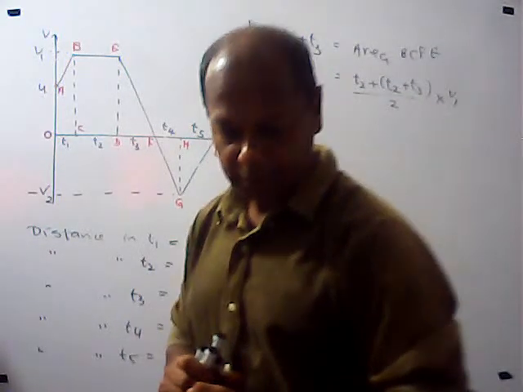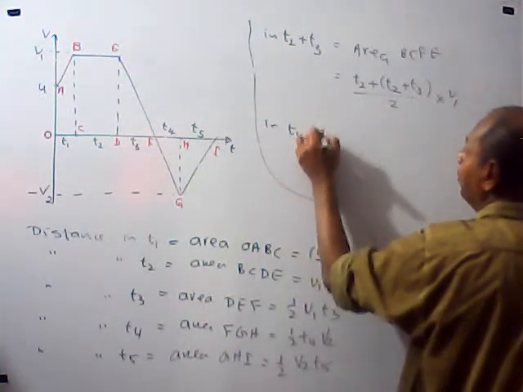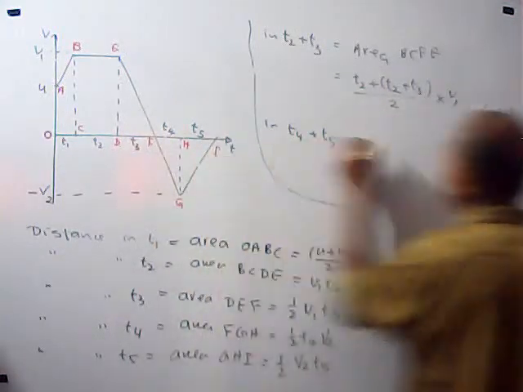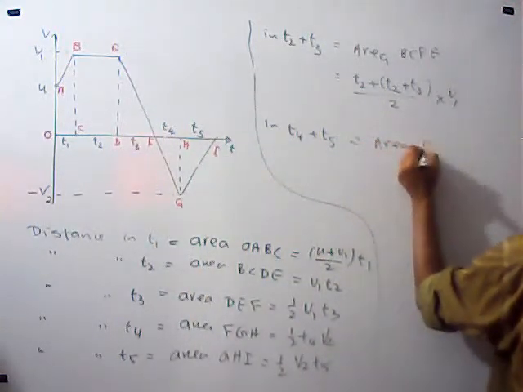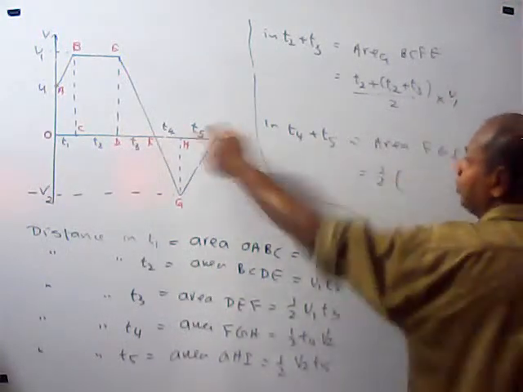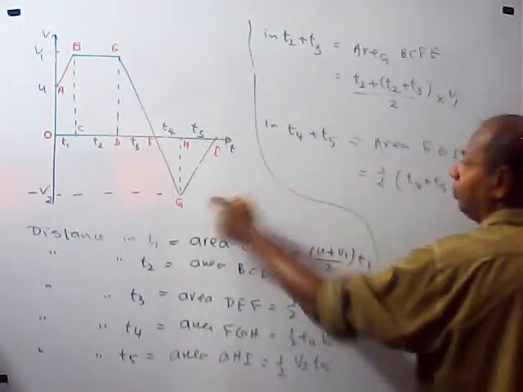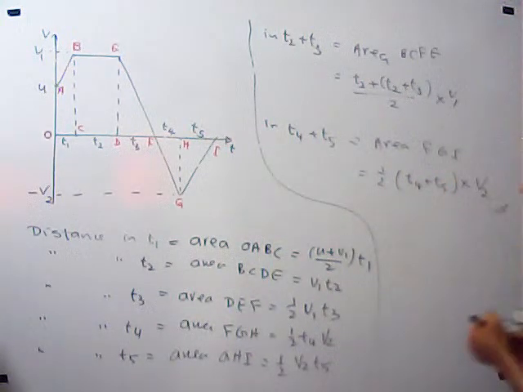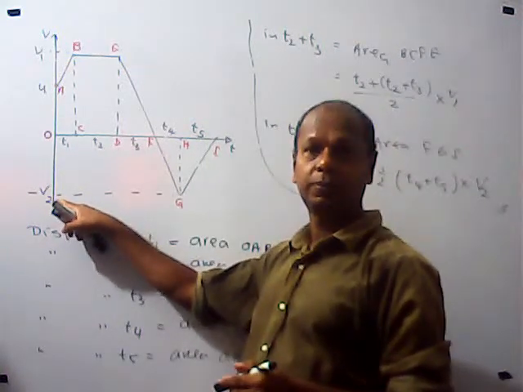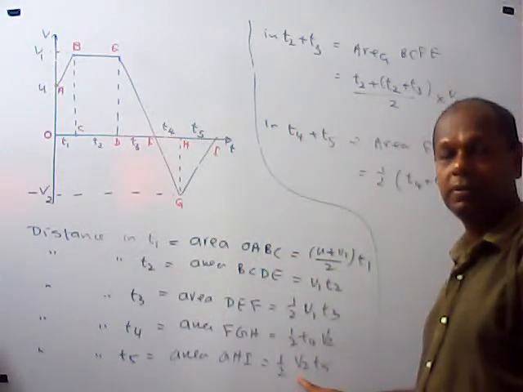Then distance traveled in T4 plus T5 is the larger triangle FGI, area FGI, equal to half into T4 plus T5 into V2, not negative V2, right? The height is V2. The coordinate is minus V2, but the height is V2. In this, you don't write minus V2, the distance is V2.